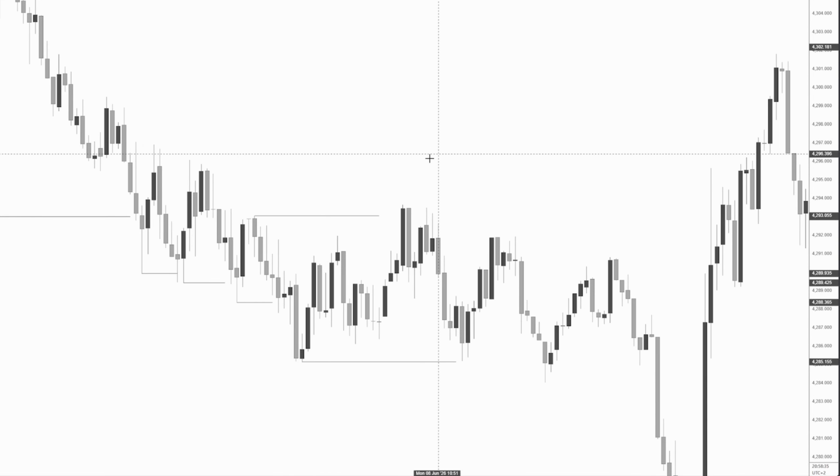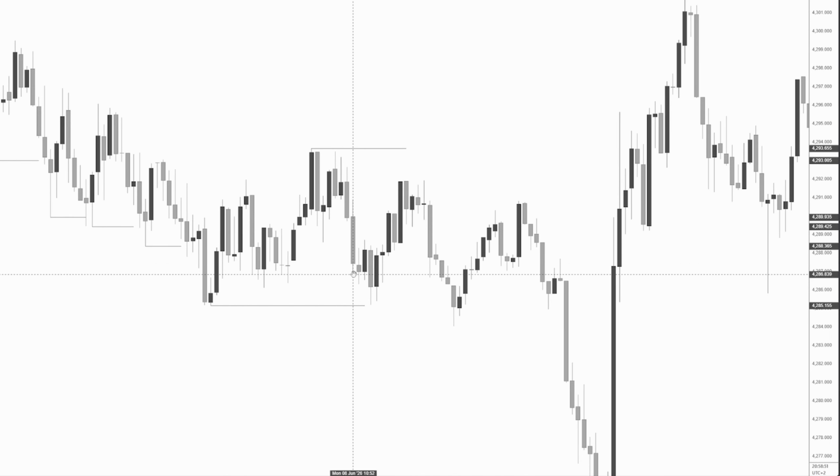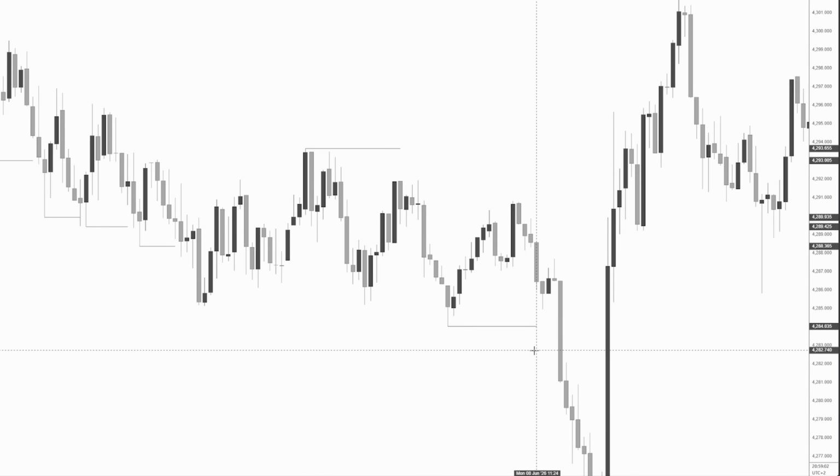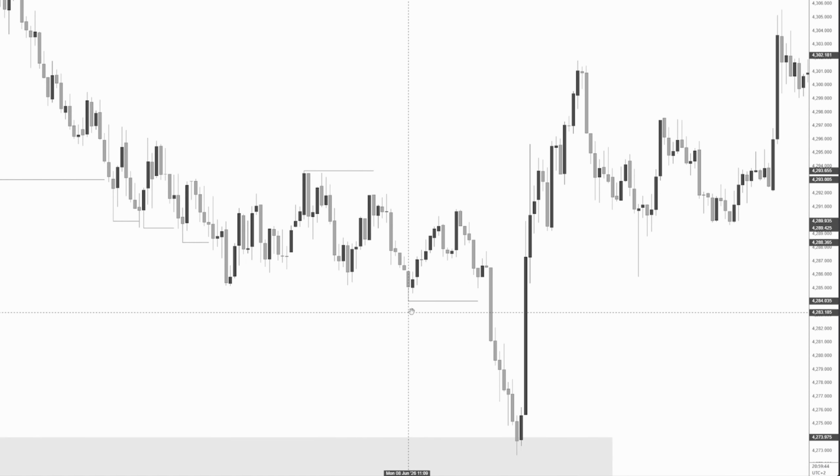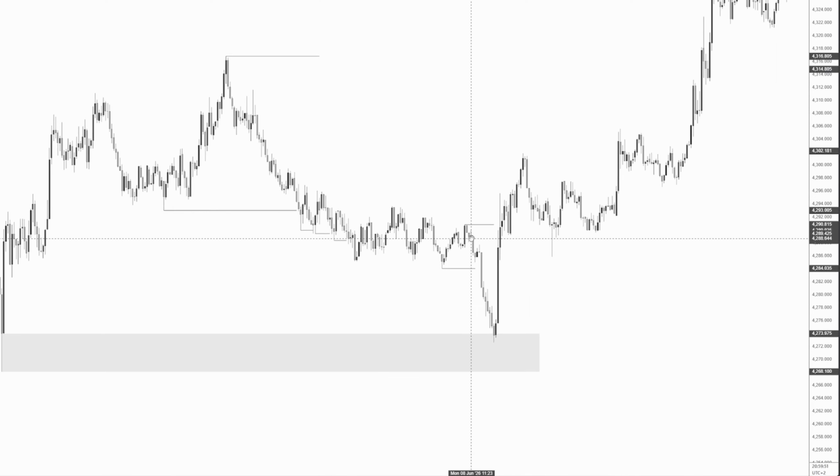So move your line to that high and discard this one. Then price continues and it breaks this low, so discard that one and place it on this new low. And then price breaks below this low, so you can discard this one up there and move it down there.